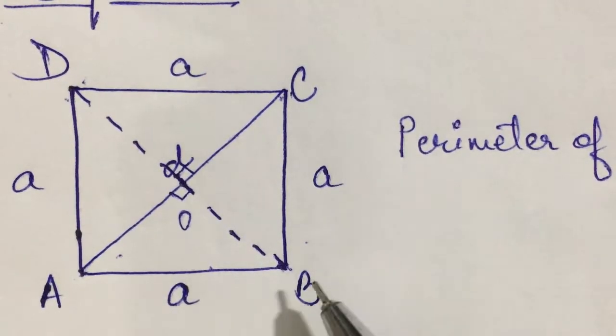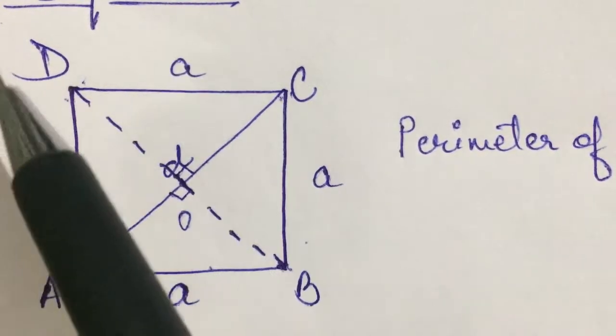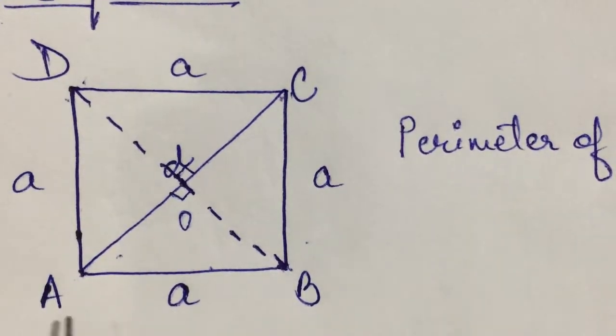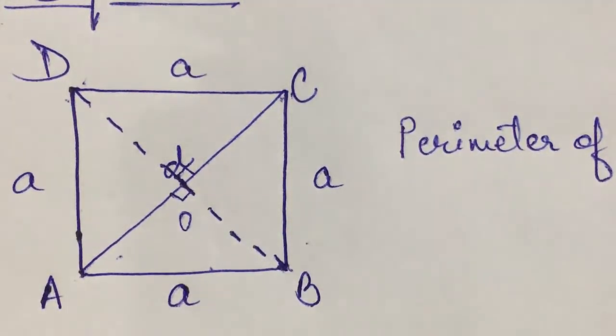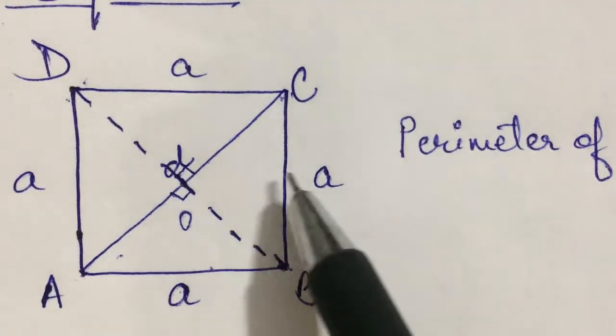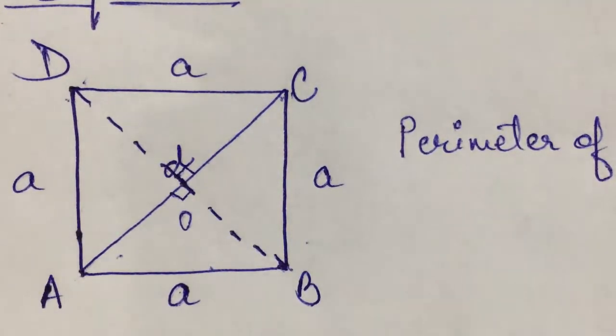That means AB is equal to BC is equal to CD is equal to DA. So if I consider one side, the length of one side is A, in centimeter, meter, kilometer, whatever. All the sides will have the same measurement. So A. There is no B, C, D, E, F, right? In order to understand the sides.